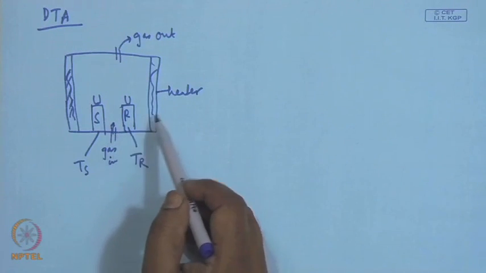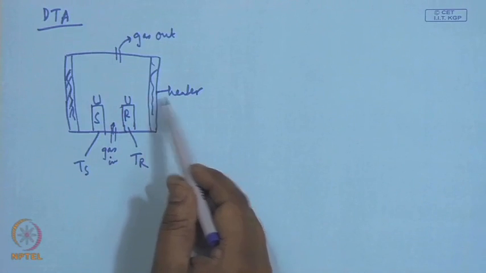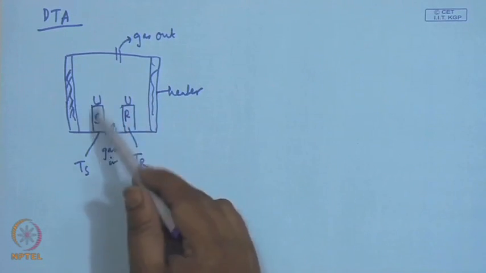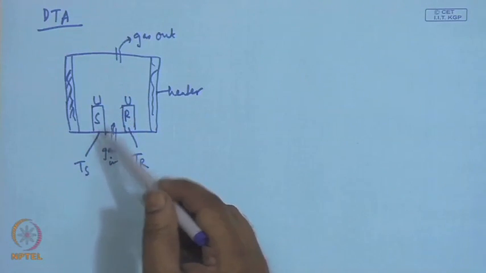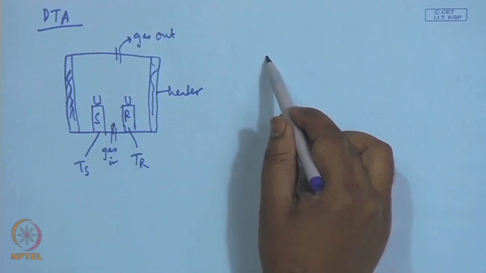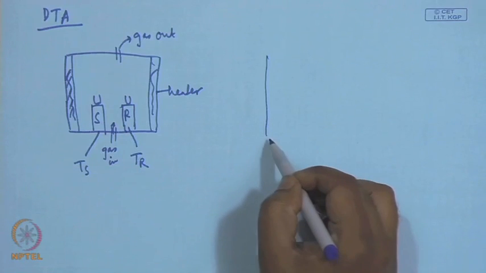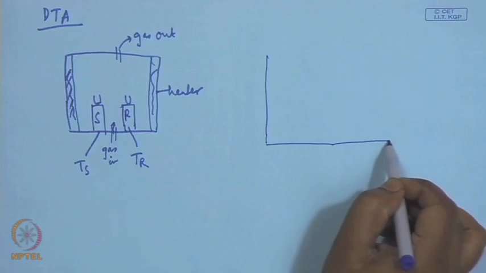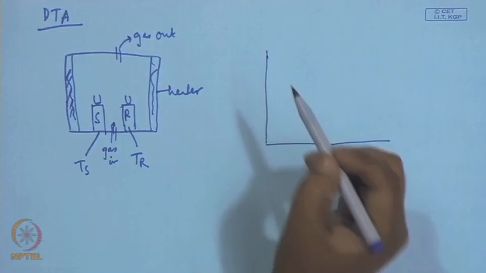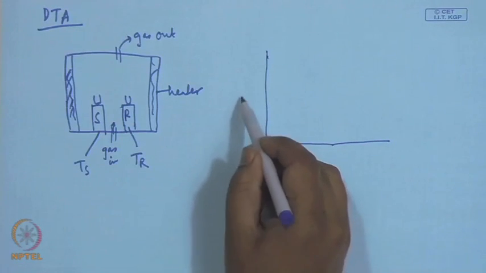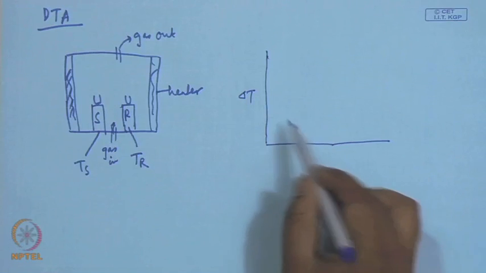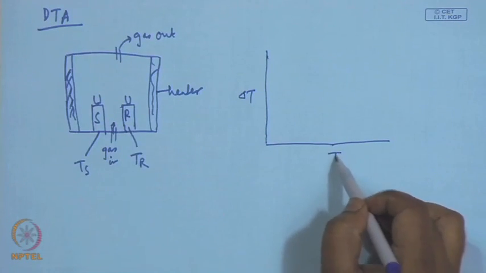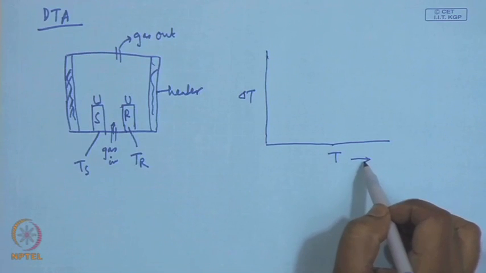So, in this case, heat is supplied at a particular rate to the system, and the difference in temperature between the sample and the reference is observed. Delta T, the temperature difference between the sample and the reference, is plotted against the temperature.